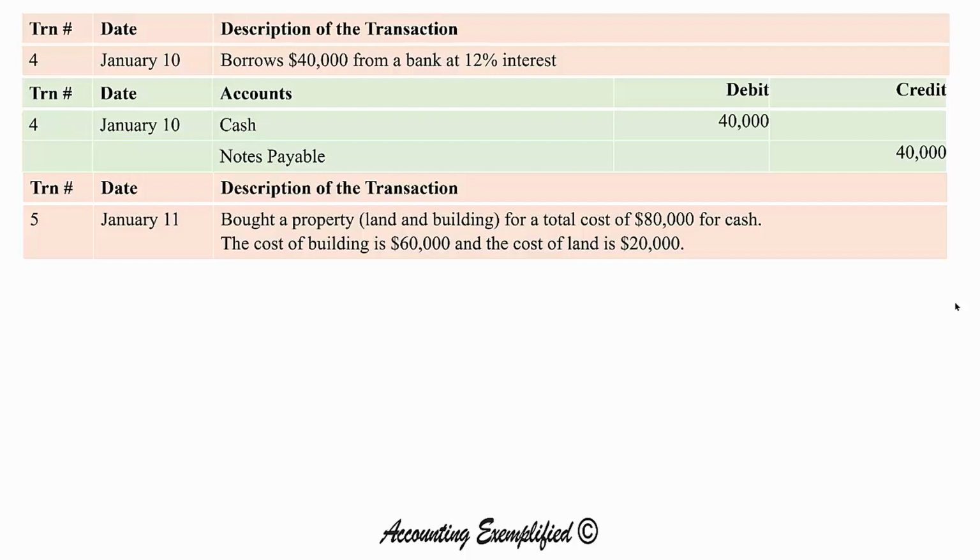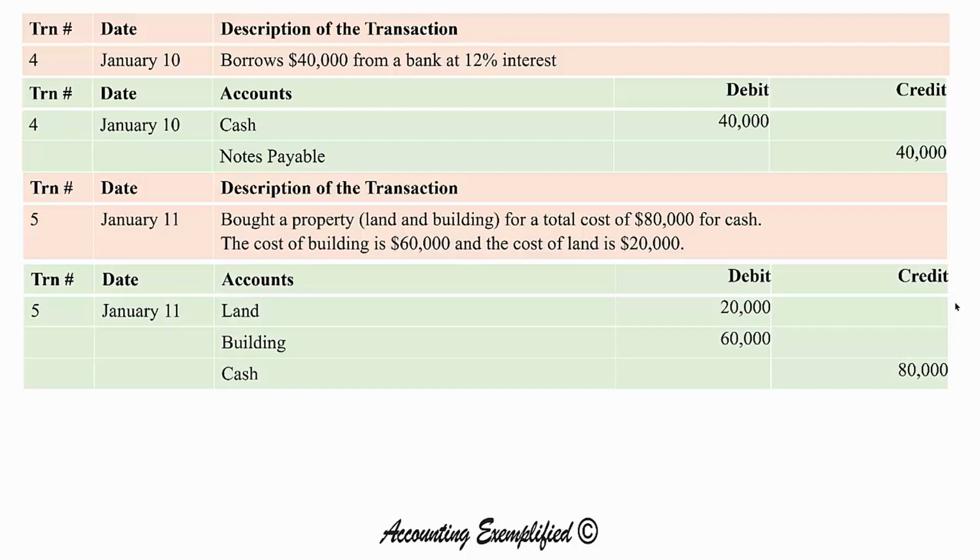There will be 2 debit entries, 1 credit entry. We debit land, 20,000. We debit building, 60,000. We credit cash, 80,000. As I said, in any entry, the total amount you debit should equal the total amount you credit.